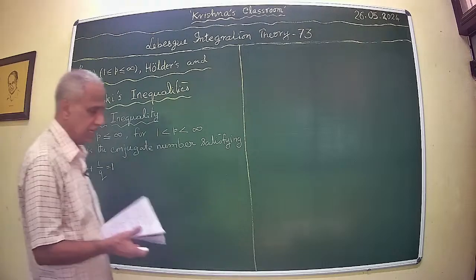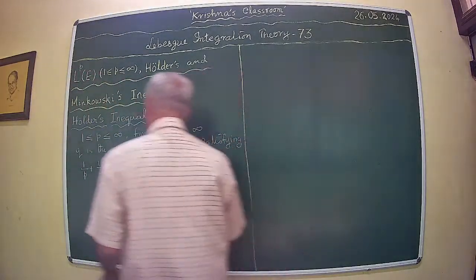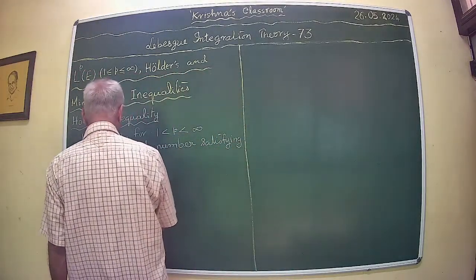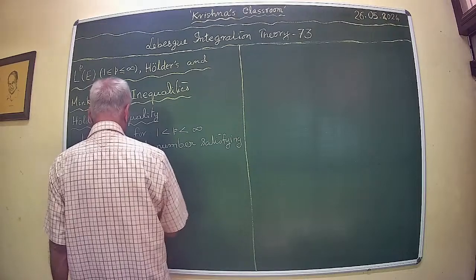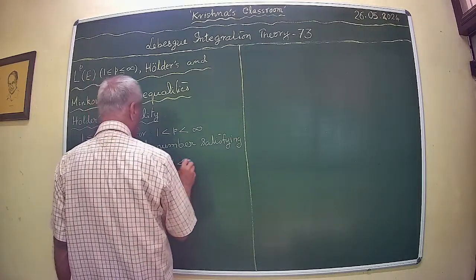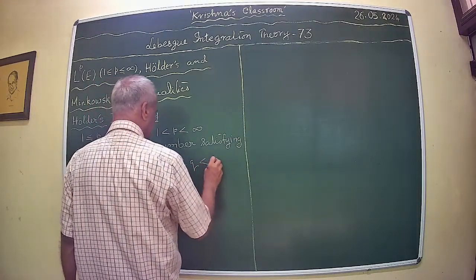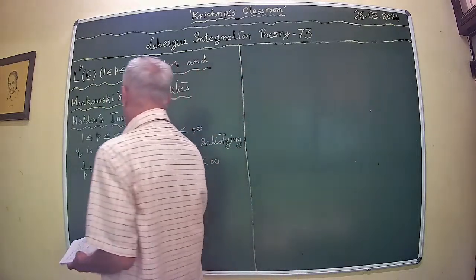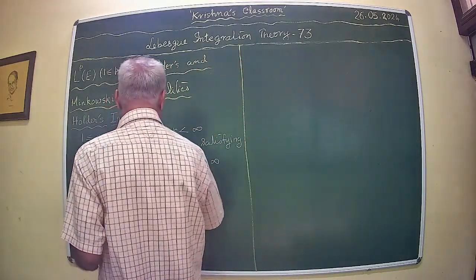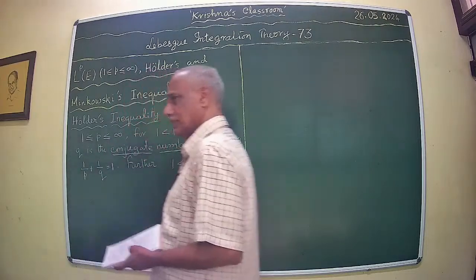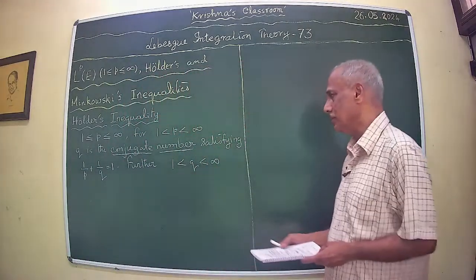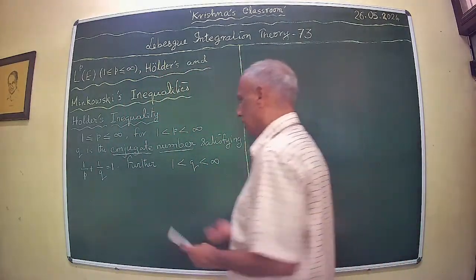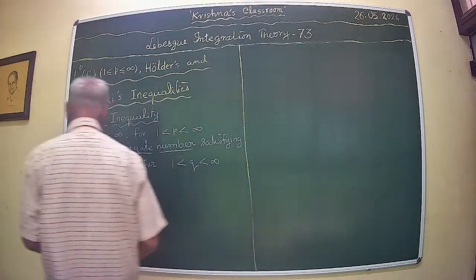Now q is uniquely determined, and q is called the conjugate of p, and vice versa, that is, p is the conjugate of q. Okay, so that relation is there.